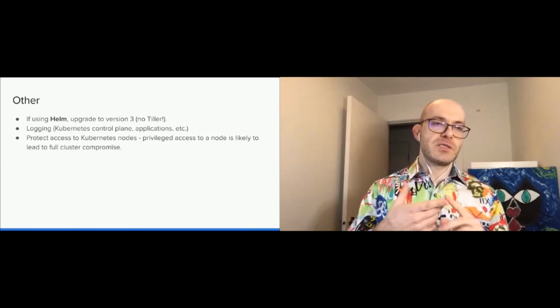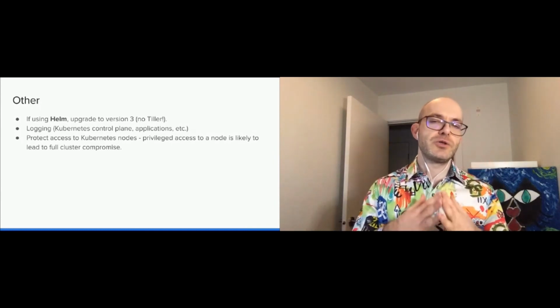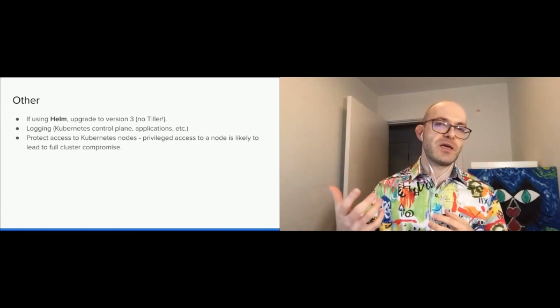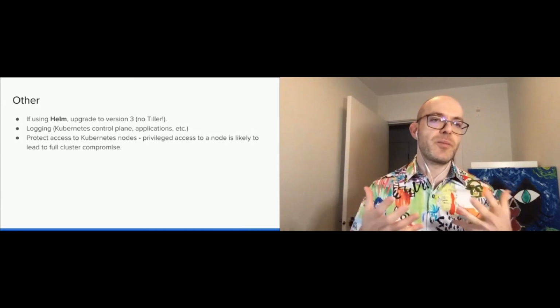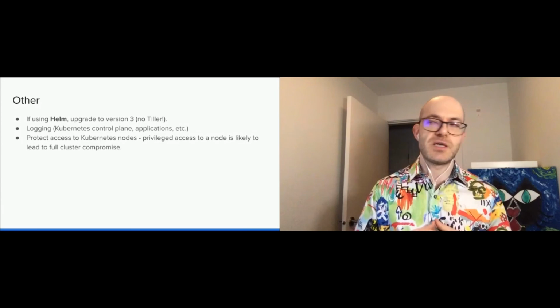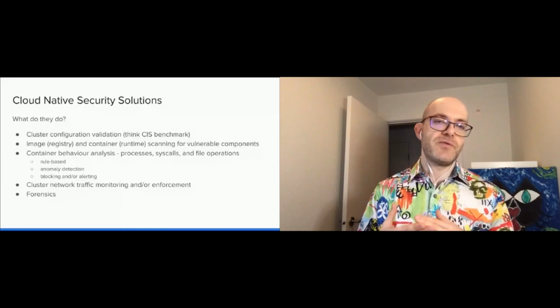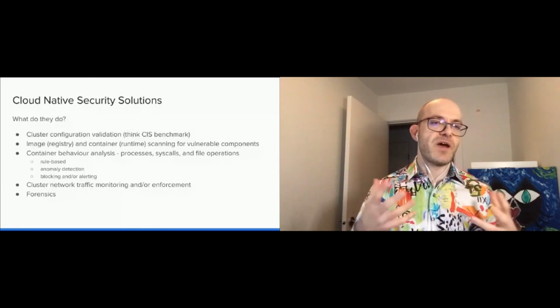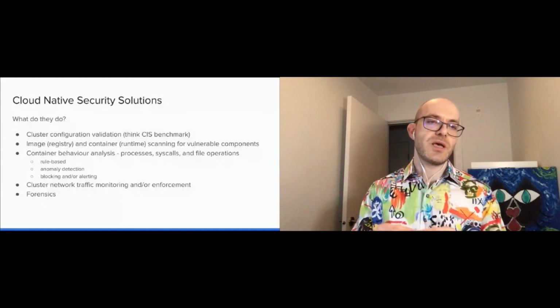First part is they can check the configuration of your cluster, and usually they do it using the CIS benchmark, Center for Internet Security, and basically in an automated way tell you the things that might be worthwhile addressing. They also do image and container vulnerability scanning, so finding known CVEs within the components that are present in images and containers.